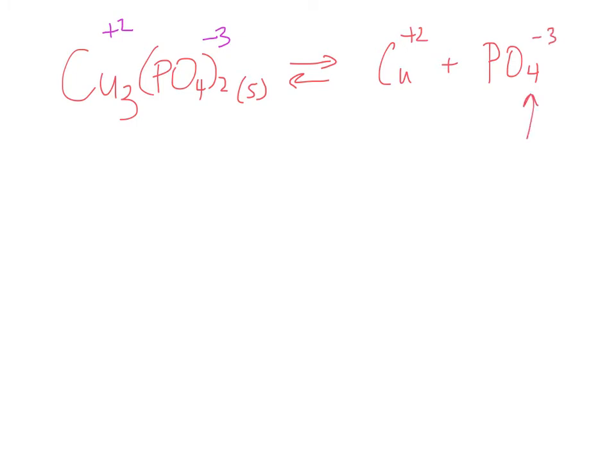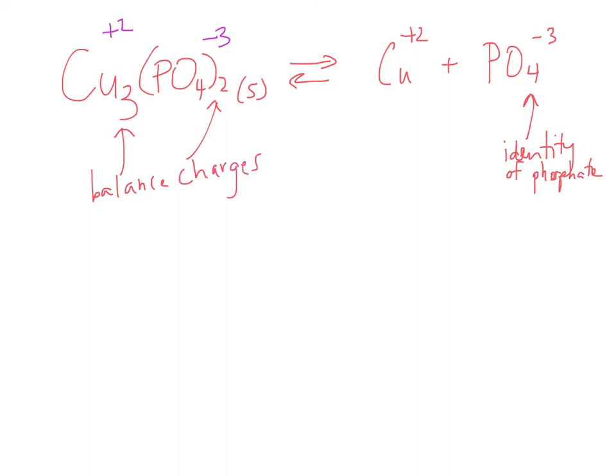The 4 here at the bottom is the identity of phosphate, so that 4 automatically carried over to the other side, but the 3 and the 2 were there to balance charges only. And since they're there to balance charges only, they disappeared on the other side.